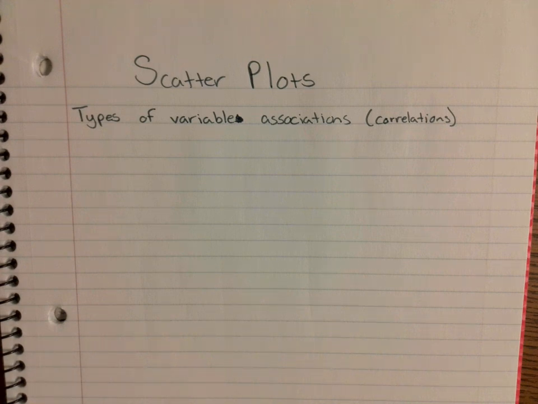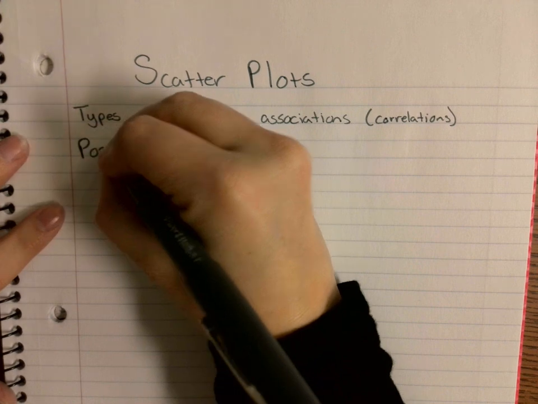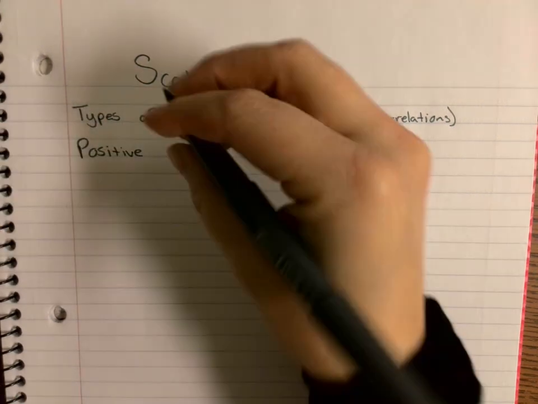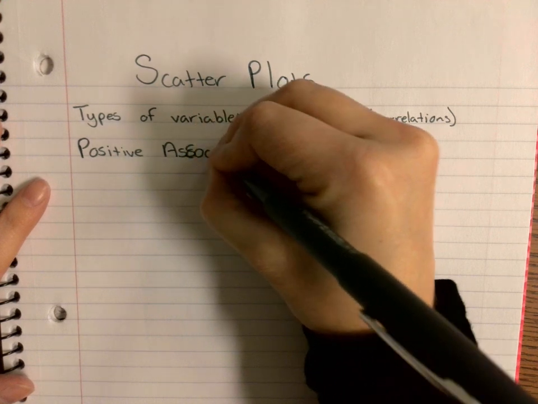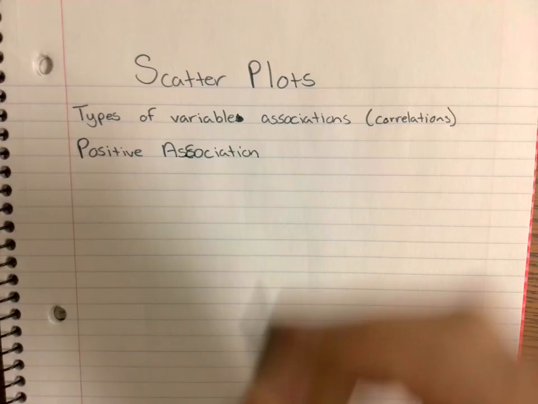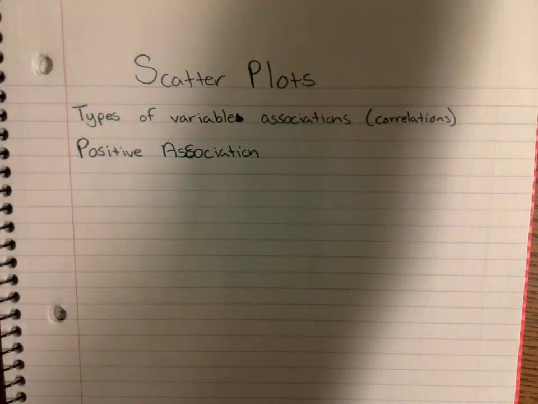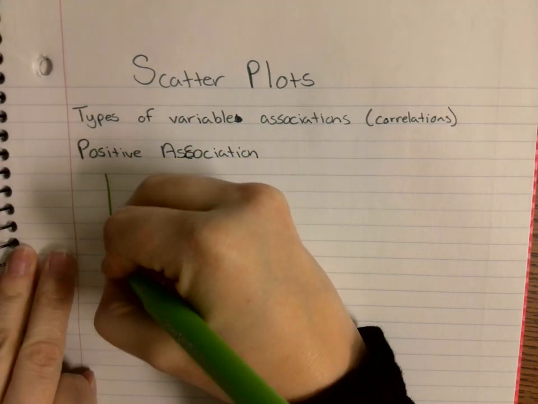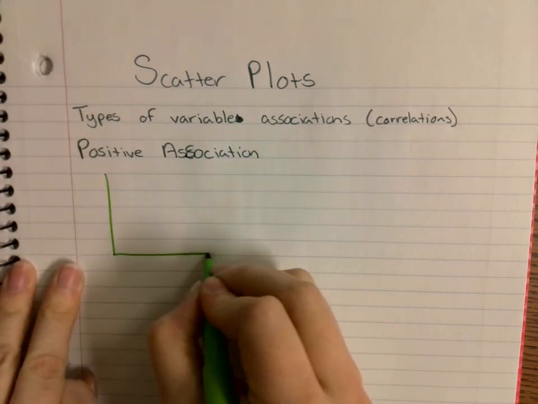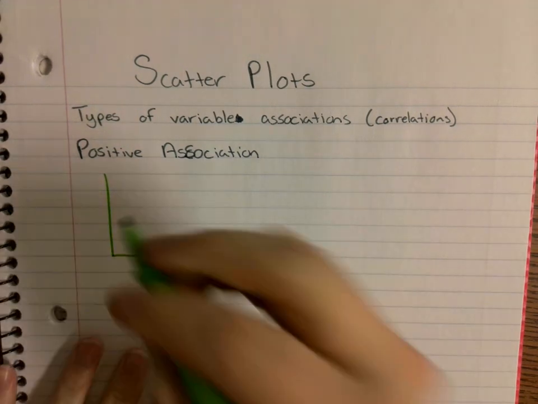Okay? So positive association. When we're talking about a positive association or a positive correlation, a positive effect, it looks somewhat like the following. Now I'll do this in green. You have a coordinate system, and then your scatter plot. Think of the word scattered.